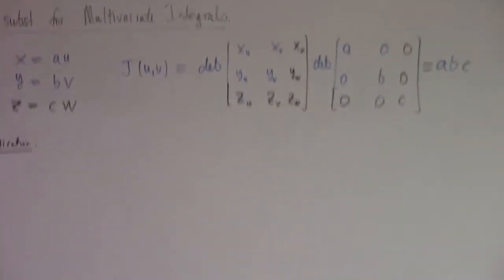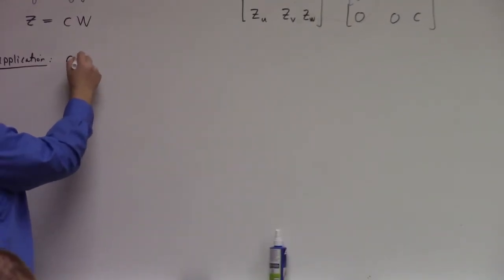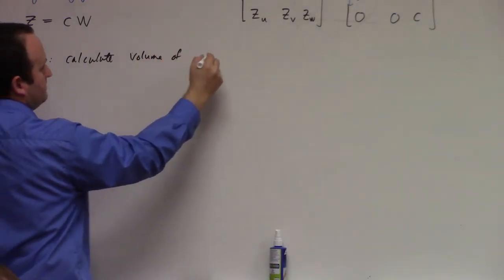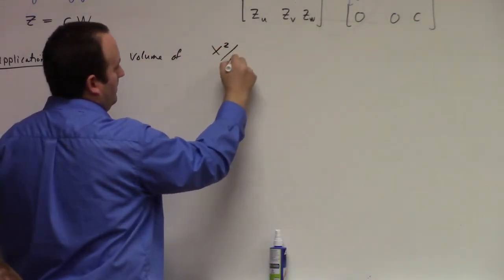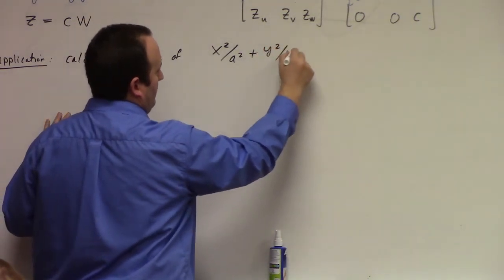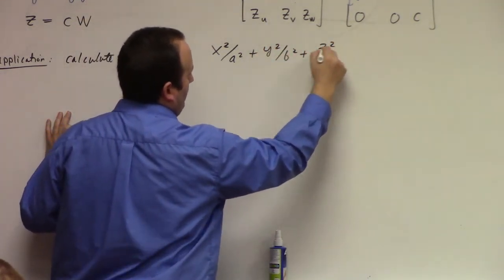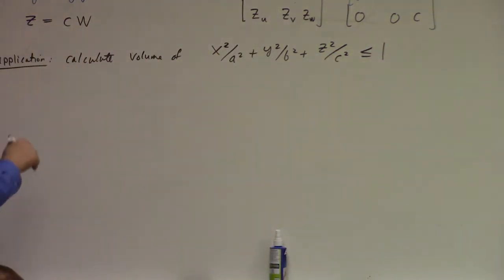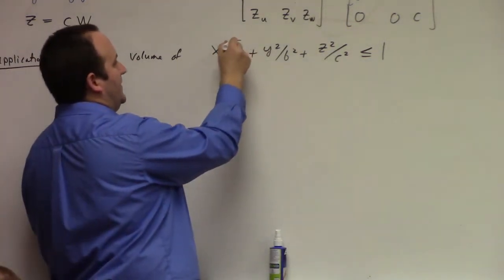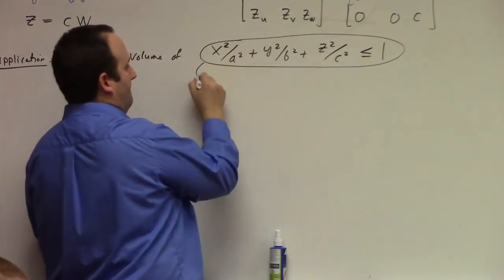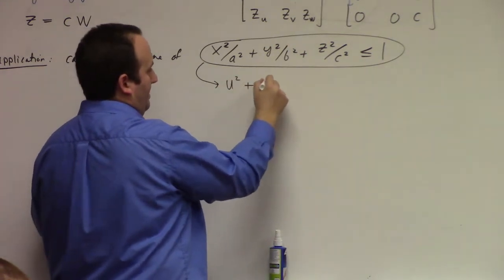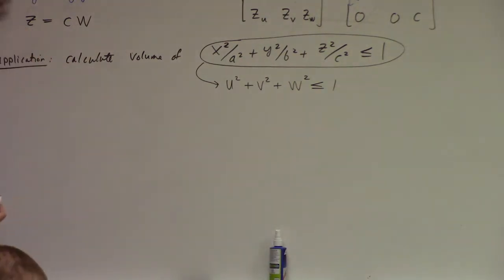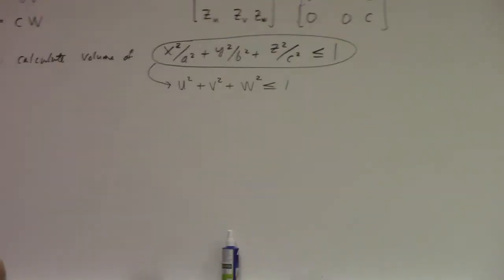What would the application here be? What if I wanted to calculate the volume of an ellipsoid? What is this? In terms of the above transformation, it becomes what? Under this substitution, the ellipsoid becomes the unit sphere.